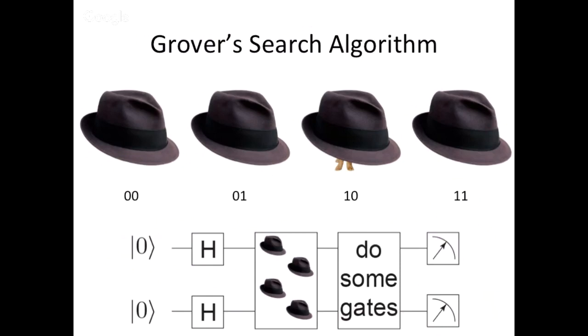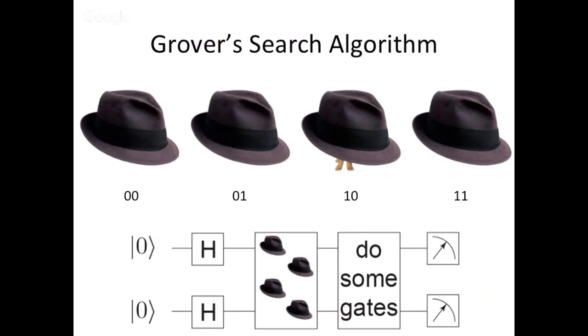Okay, so in order to do that, we have to set up some kind of circuit again, and it's going to look like this. We're going to start with 2 qubits. Because there are 4 hats, we can use 2 qubits because there are 4 states there: 0, 0, 0, 1, 1, 0, and 1, 1, as being the vector elements. So we're going to start with them both on the North Pole, and then they're both going to come down to the equator with the Hadamard gate.